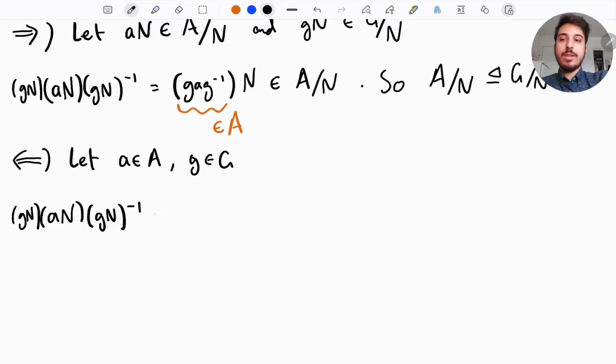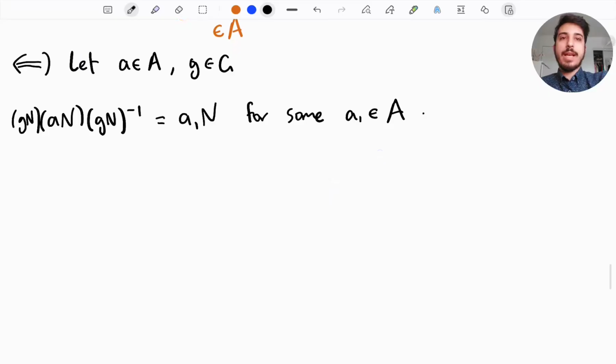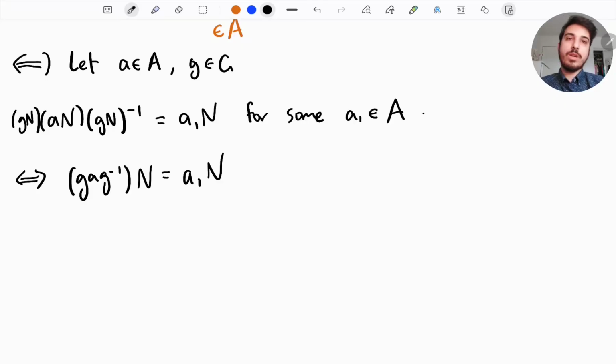We already know that this is equal to a1N for some a1 in A. We know this is true because we suppose this is true, that it is closed under conjugates. So we can say this statement is true. And this is if and only if g a g inverse N is equal to a1N. So I just use coset multiplication on the left-hand side. And this is if and only if.